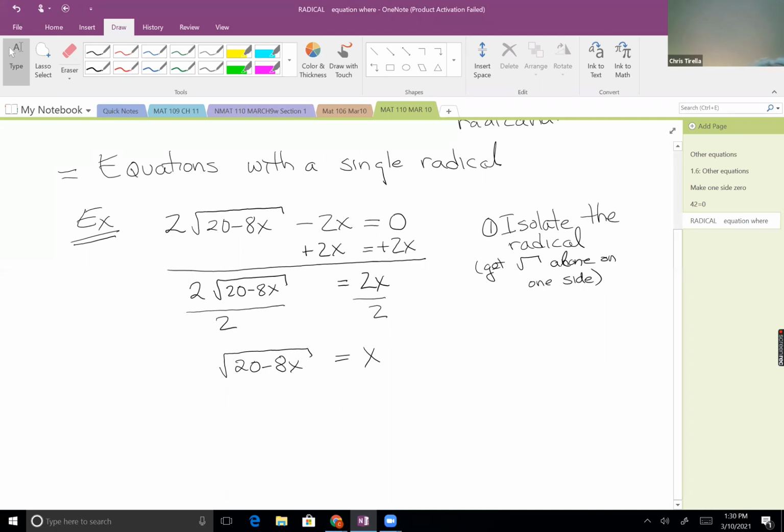And now that radical with its crazy looking radicand is isolated, it's all alone. Can everybody follow the reasoning to that? Does it make sense so far? Yeah. If so, now that we've got the square root alone, and again, we need to get that variable out from underneath the square root. In order to do that, we're going to square both sides of the equation.